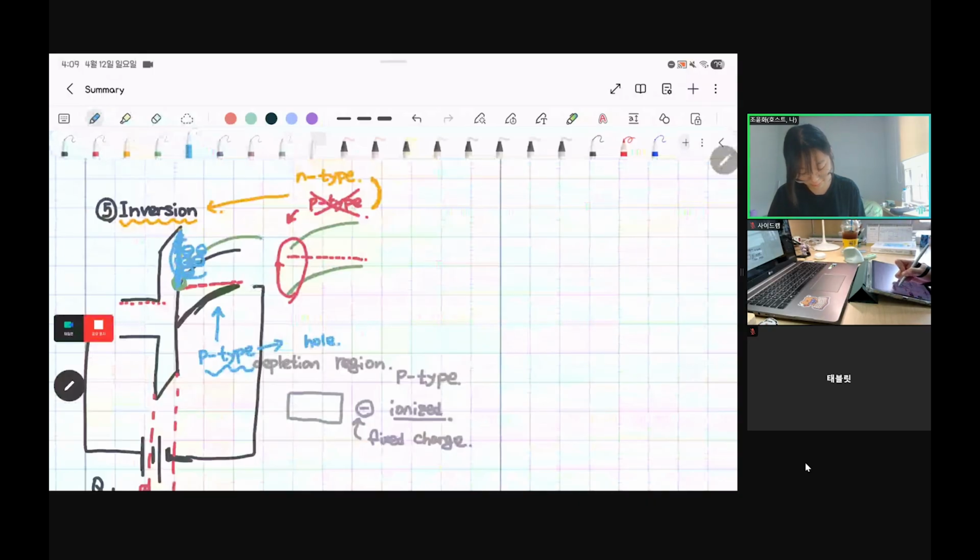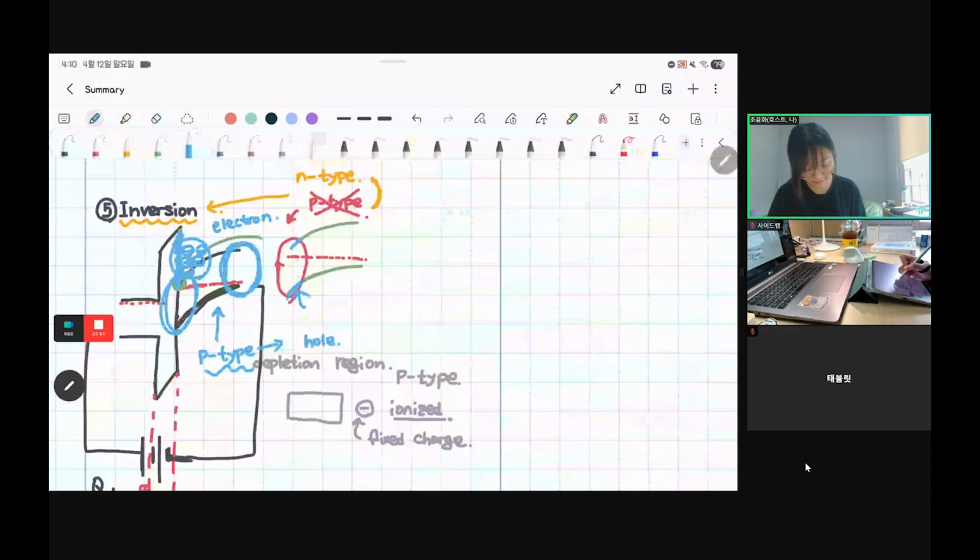It has more electrons in this surface compared to this part, so we can't call this energy band diagram p-type.